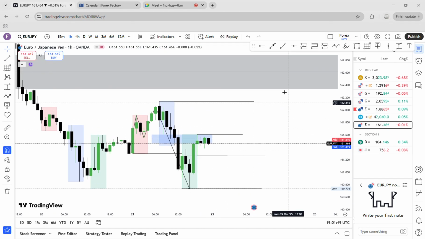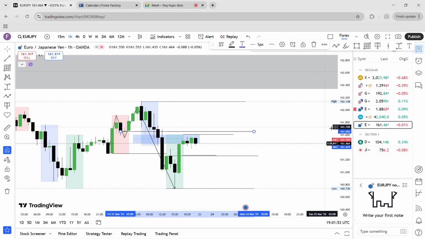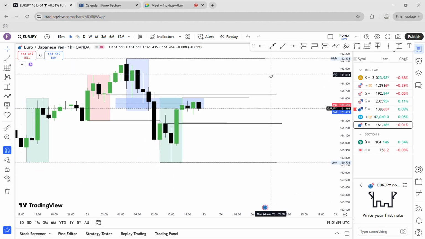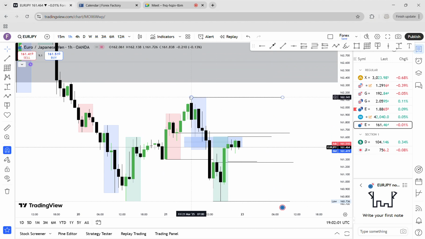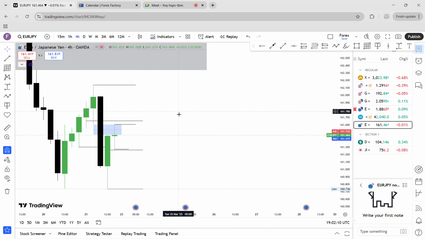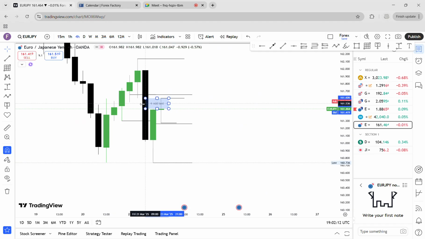So if you look at this market right here, this is also a possible way to get into this market and trade it down. That's why I told you guys that this high and this high from the daily, this high and this low, price maybe is not coming there, because even in the 4 hour, price has shown something that it's not going to come here.